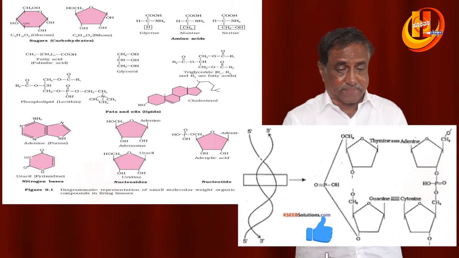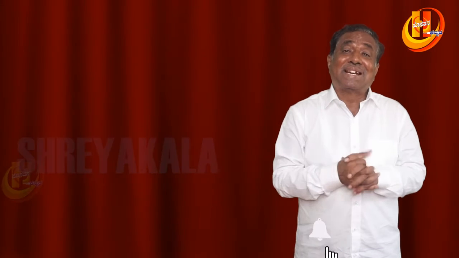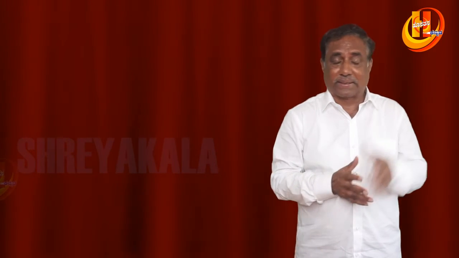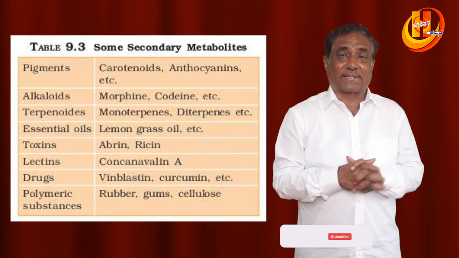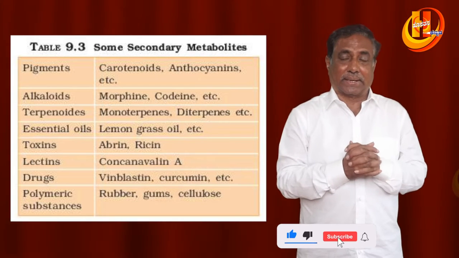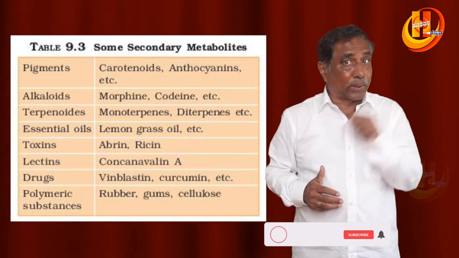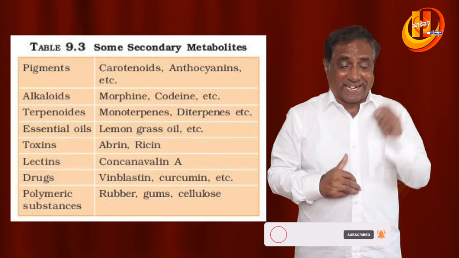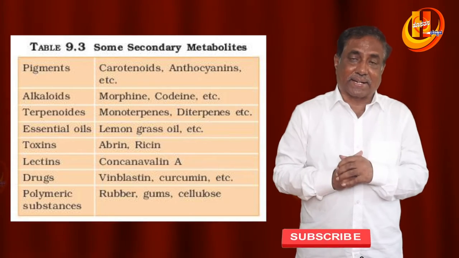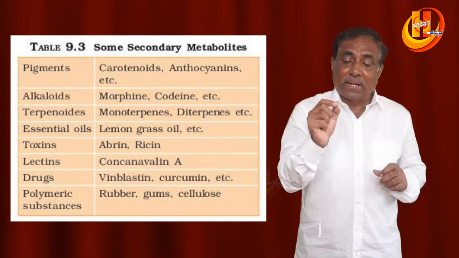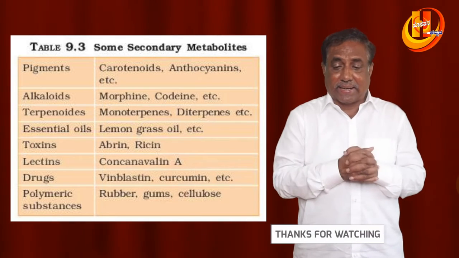The secondary metabolites are the toxins like abrin, present in Abrus precatorius, and ricin, and essential oils like lemongrass oil, and alkaloids like morphine, codeine, etc. And then the pigments like anthocyanin and carotenoids, very important, and lectins like concanavalin, and drugs like curcumin and vinblastine. Curcumin and vinblastine are the drugs. These are the secondary metabolites.